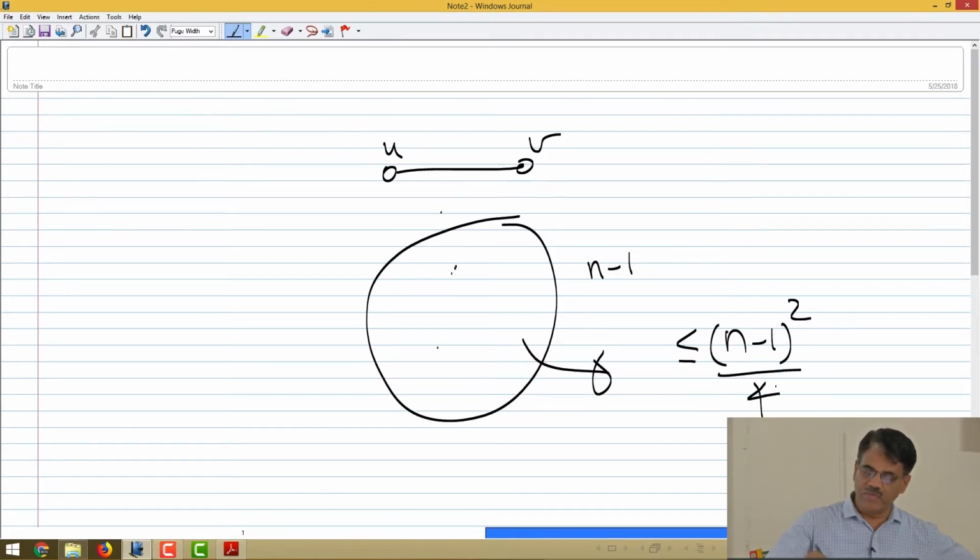Now, let us talk about the maximum number of edges between. How many can there be? The fact that I picked an edge is going to give me a handle. Suppose this vertex u is adjacent to somebody here, then the other vertex v cannot be adjacent to that one. So what is the maximum number of edges possible between these two?